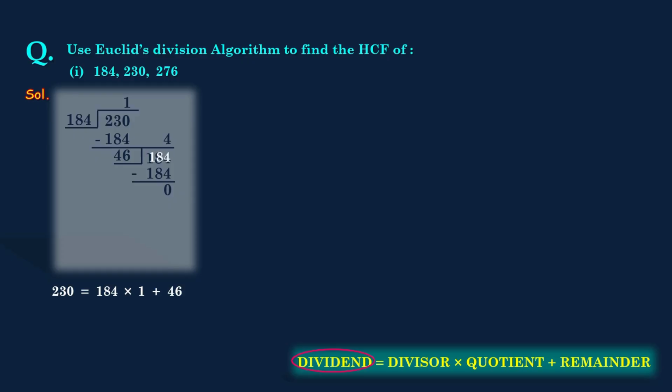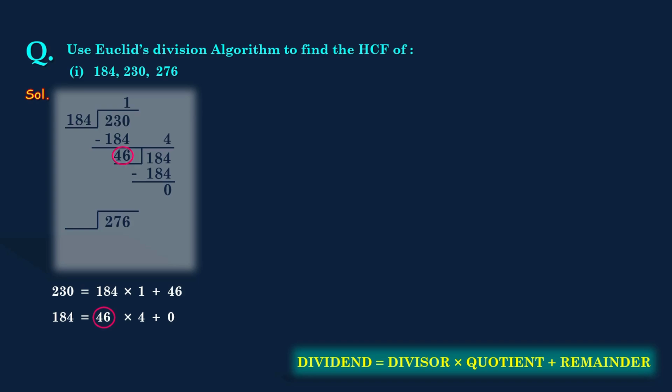So now we write in terms of Euclid's division algorithm: 184 equals 46 into 4 plus 0. Since now we got the 0 over here, we found out that 46 is the HCF of the two numbers 184 and 230.